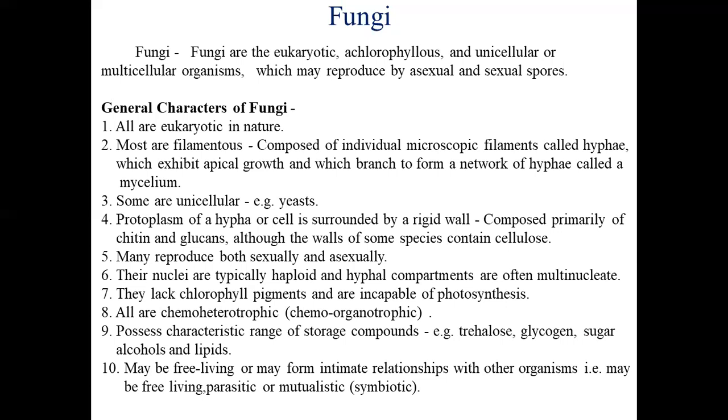Fourth, the protoplasm of the hypha or cell is surrounded by a rigid wall composed primarily of chitin or glucans, although the walls of some species contain cellulose. Basically, this is an important characteristic. What is the content of the cell wall?